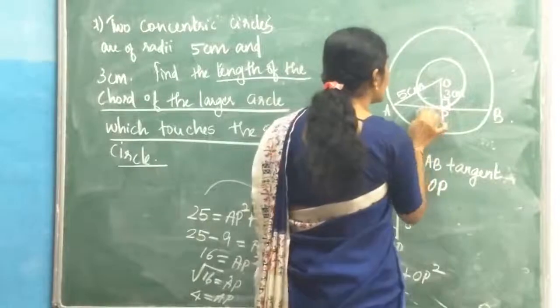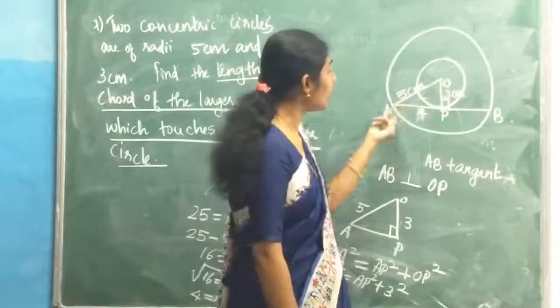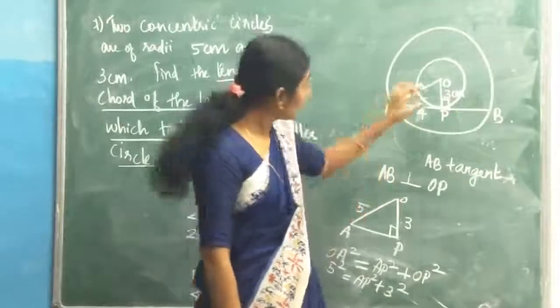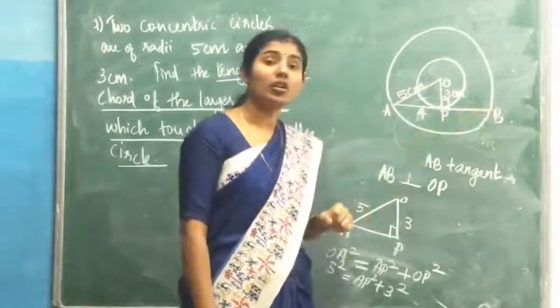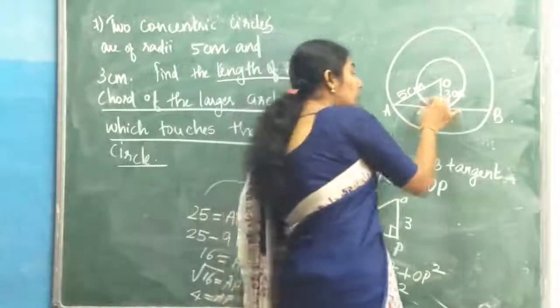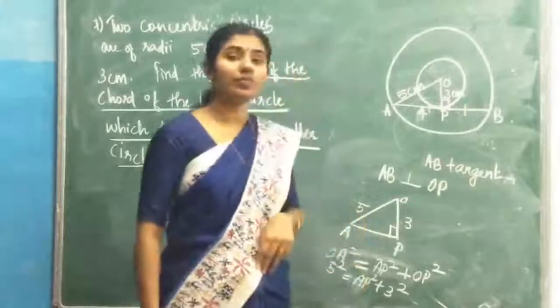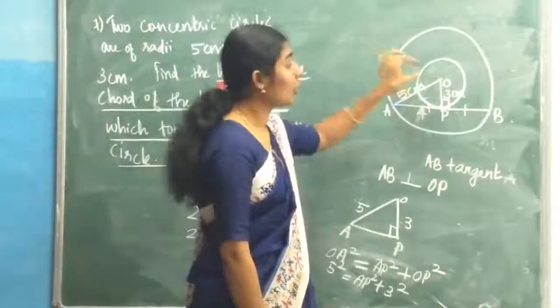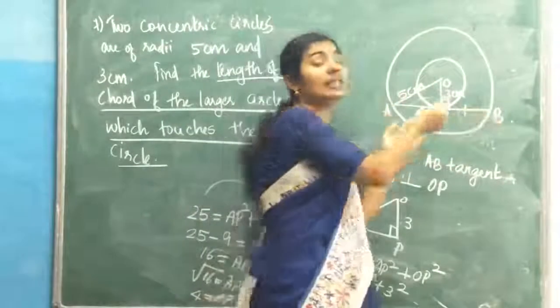AP will be 4. Now you see this perpendicular is bisecting the chord. See here, OP is a perpendicular that is bisecting the chord. That means if this is 4, you can say PB is also 4. What is the reason? When you draw a perpendicular to a chord, it bisects the chord.